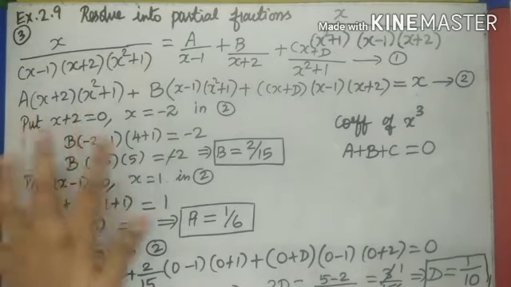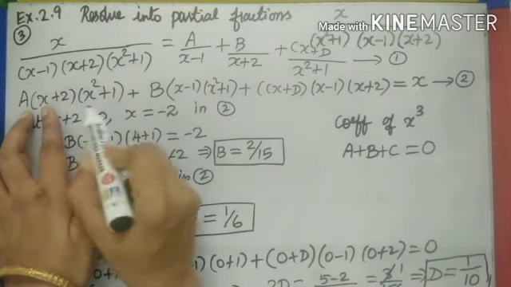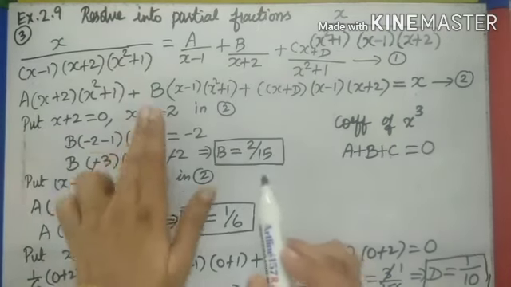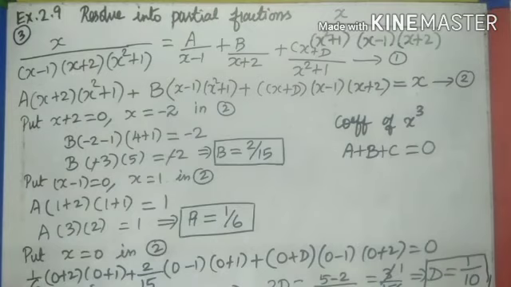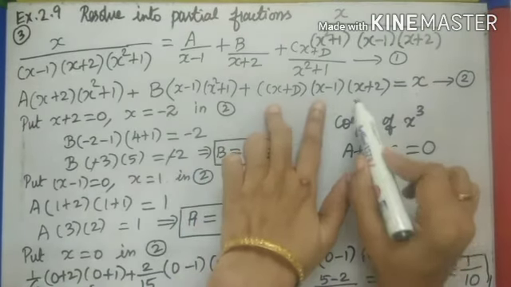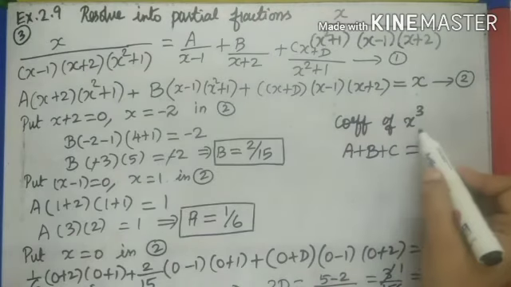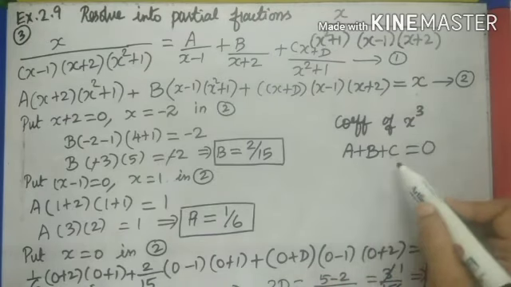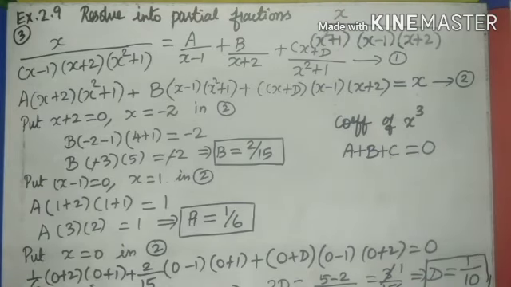So the very first term, ax square, I multiply, I get ax cube. Bx square, I multiply, I get bx cube. Cx, x and x, I multiply, I get cx cube. Only coefficient means a plus b plus c. Right hand side there is no x cube, means 0.